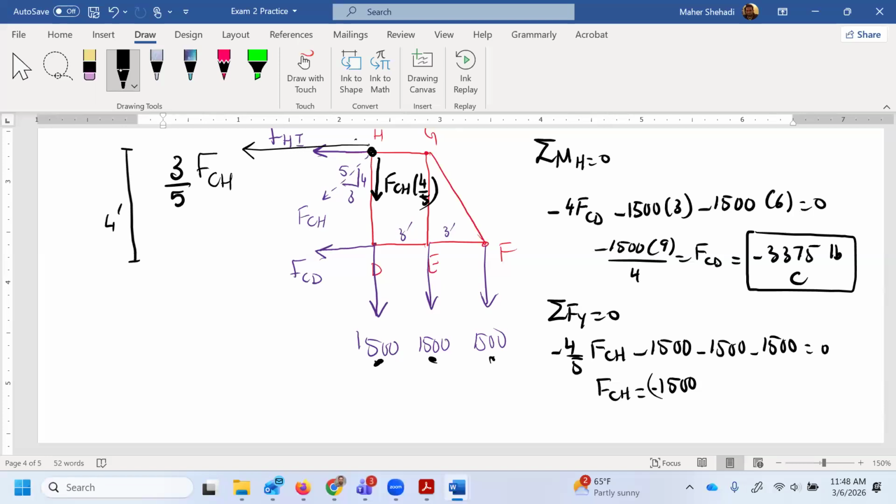So we'll take CH to that side. So this one is times 3 times 5 divided by 4. 5,625, and also it's under compression.